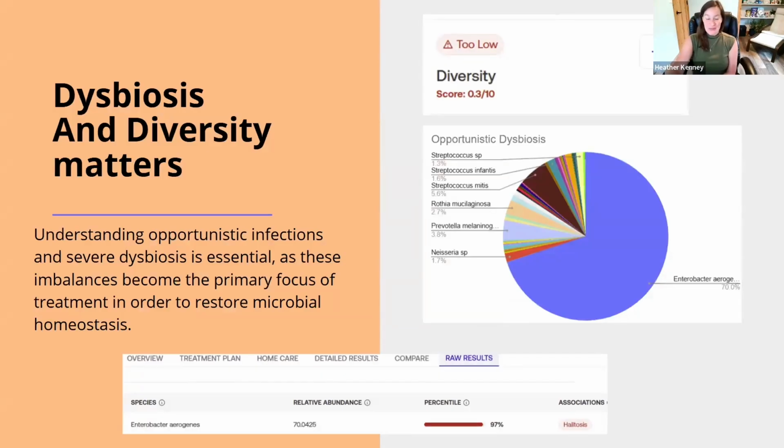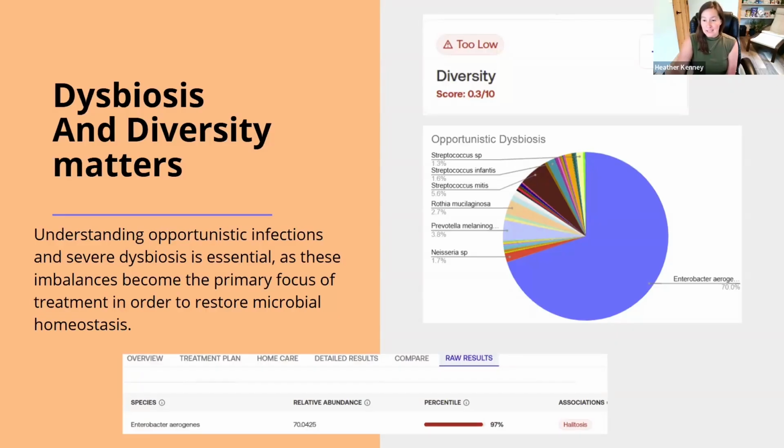And diversity is super important. One of the callouts here is understanding that there are opportunistic infections that take place within the oral environment, and they can cause severe dysbiosis. This is a really cool example.